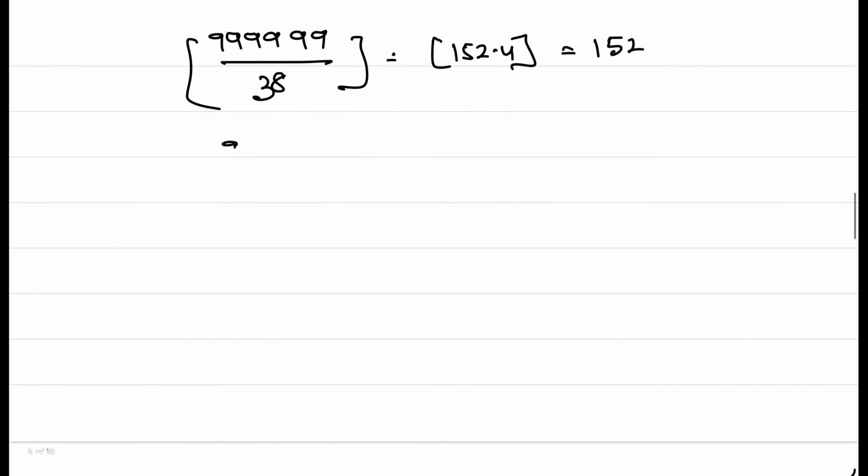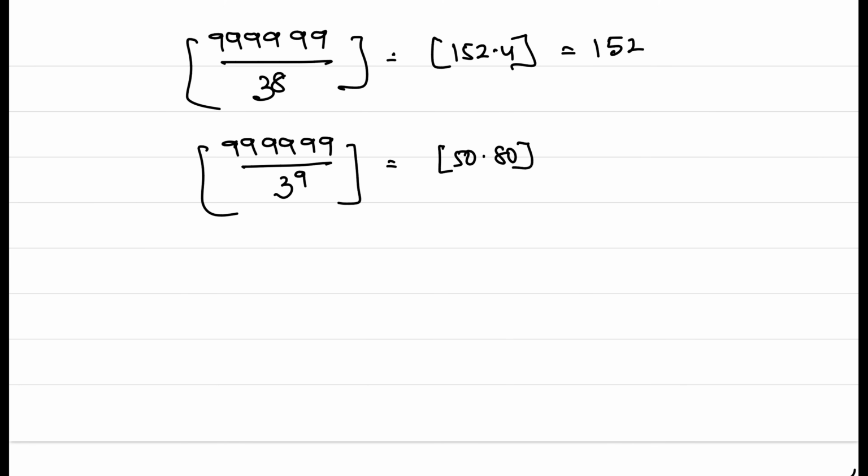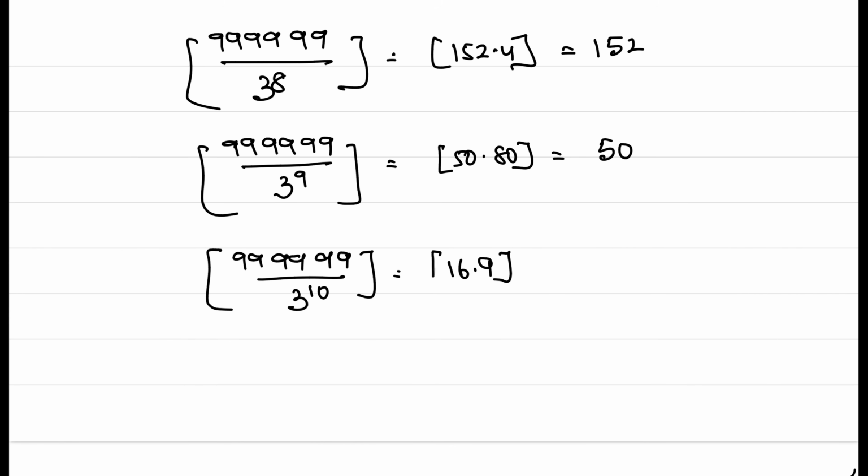Then 999999 by 3 to the power of 9 is equal to greatest integer of 50.8, that is equal to 50. And next is 999999 by 3 to the power of 10 is equal to 16.9 greatest integer, that is equal to 16.